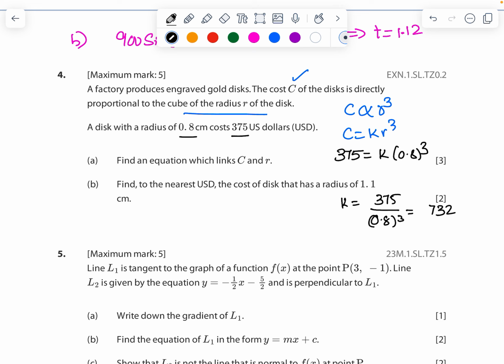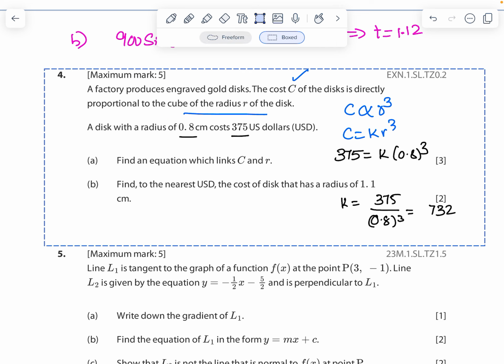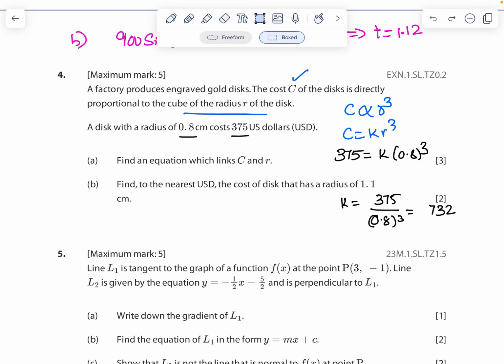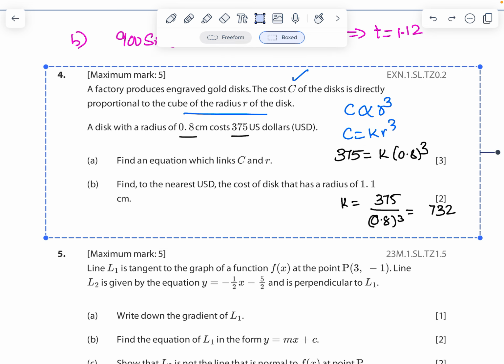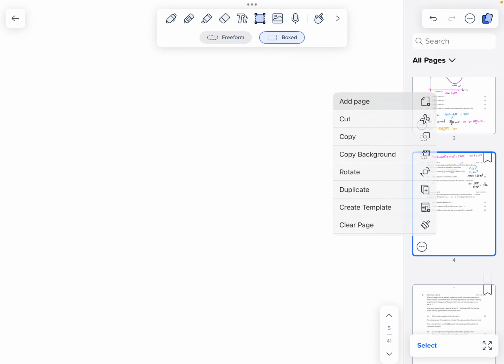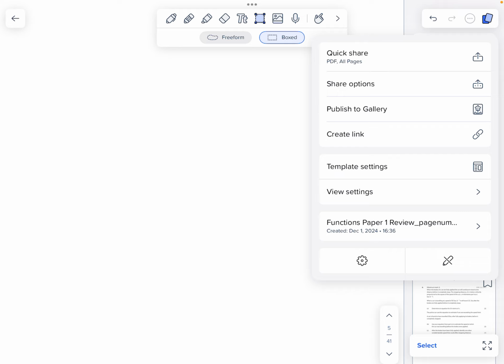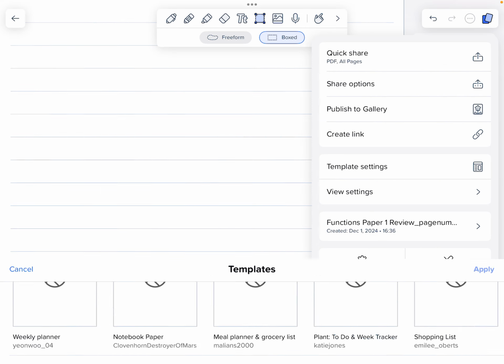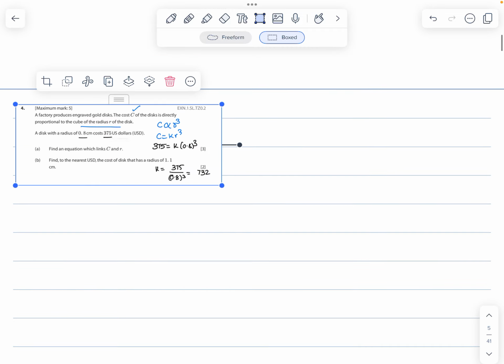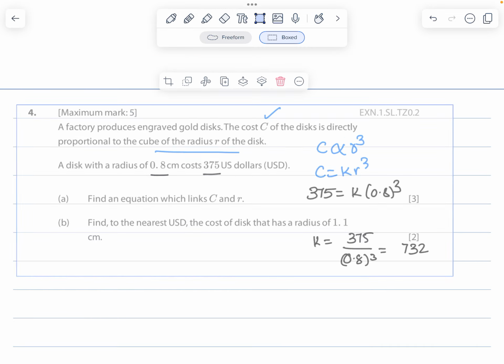So I copy this entire thing in, and so I got the value of K as 732.